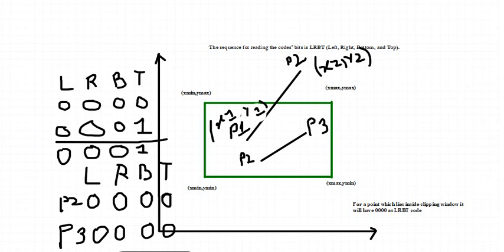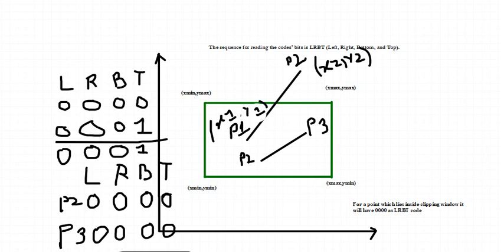So you cannot trivially accept it, right? So in this case, again, two situations might arise. What are the situations? You have to find out if the line is going to be trivially rejected.